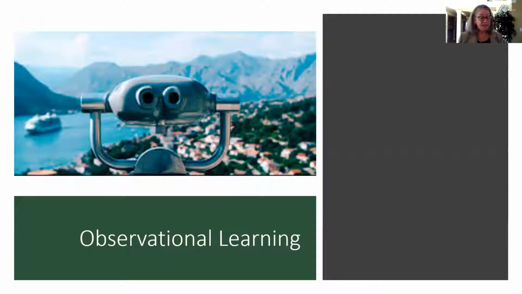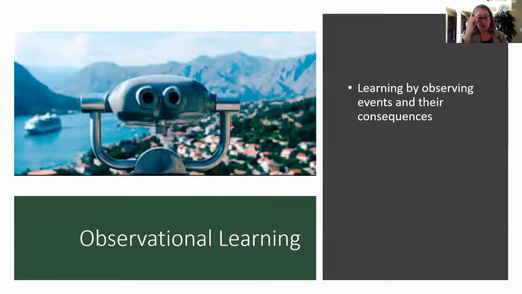Then in the second video, I'm going to talk about variables that affect learning, like who are we more likely to model afterwards, and the characteristics of the observer. And then I'm going to talk about 2 theories of observational learning, and then end with some applications, and that's in the second video.